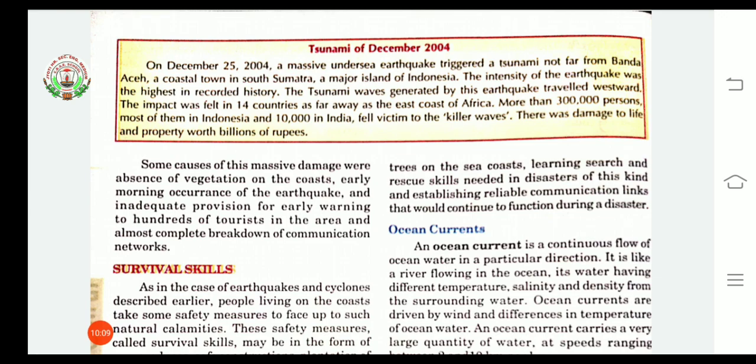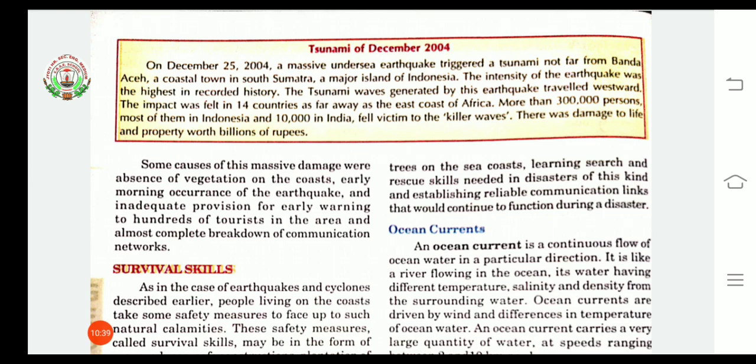The tsunami of 25 December 2004 caused widespread damage in the coastal area of India. The Indira Point in the Andaman and Nicobar Islands got submerged after the tsunami. So as we can see here, the impact of the tsunami was felt in 14 countries, as far as the east coast of Africa.